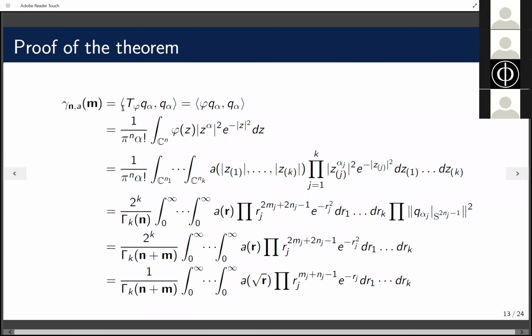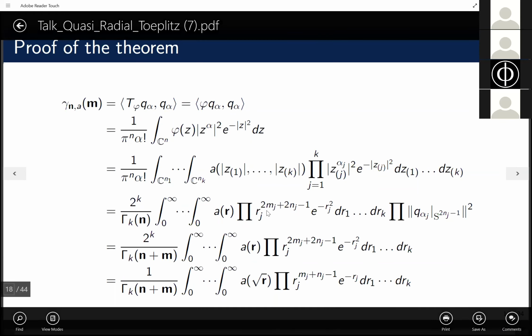Then T phi of Q alpha is just gamma n A of m times Q alpha, so we can take it out, and the norm of Q alpha is just 1. This is also equal to the inner product of phi Q alpha with Q alpha, and it is just this integral. Then we integrate separately on each of these spaces, replace phi by A, and apply polar coordinates to each of the spaces.